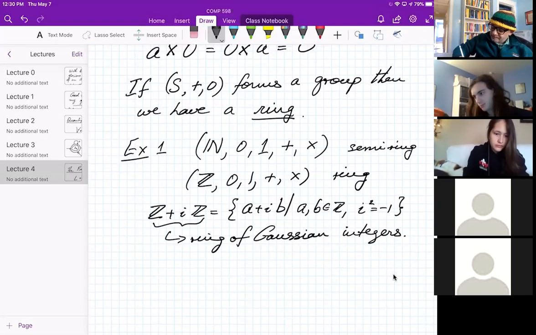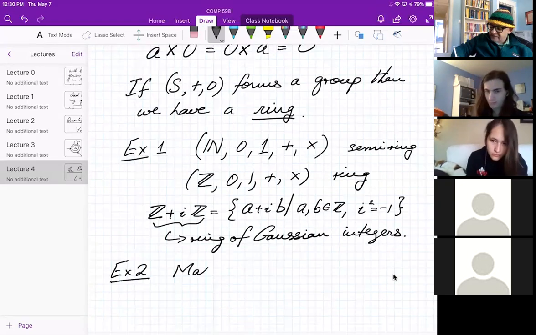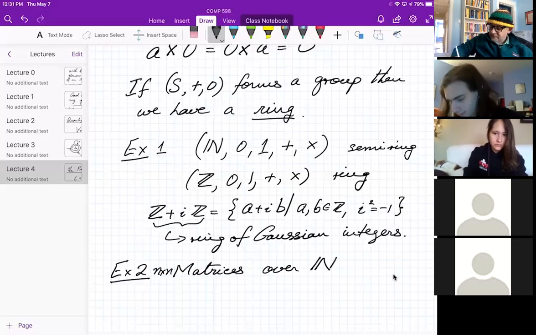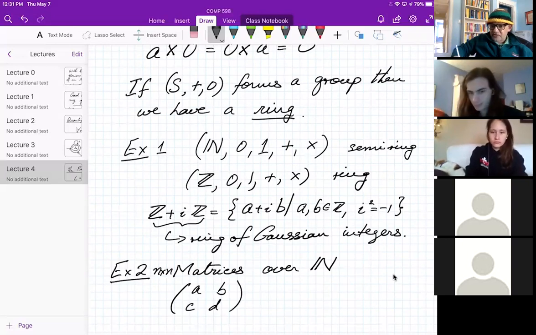So another example is matrices. So let's say n by n matrices over the naturals. So these are things like this, where the A, B, C, D are all natural numbers.